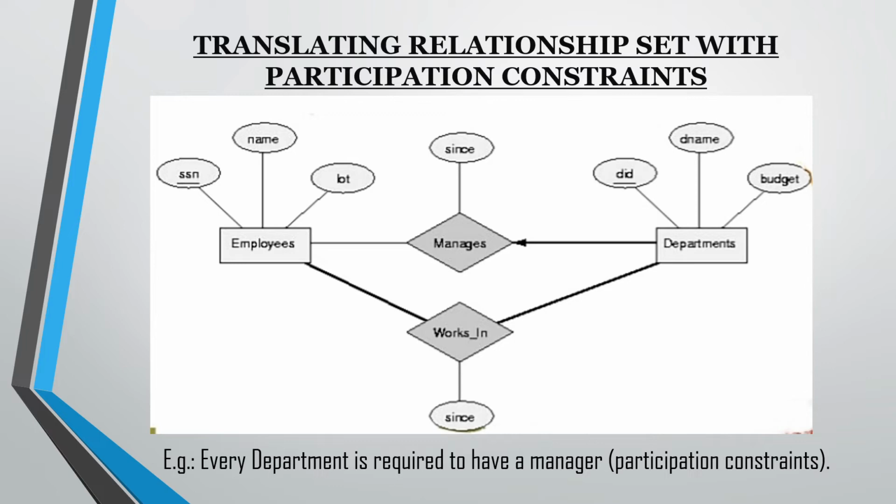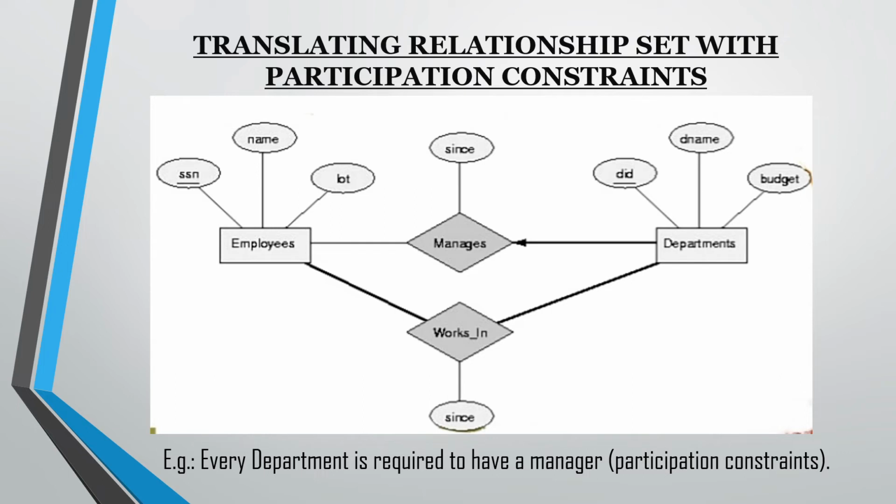Now when we look clearly at the ER diagram, we can see a borderline from department to manages, and another borderline connecting employee and department through the works in relationship. What does this borderline mean? The borderline from the department to manages indicates total participation.